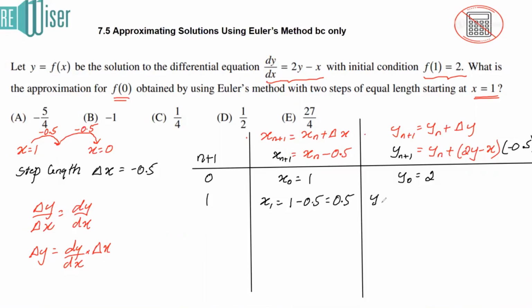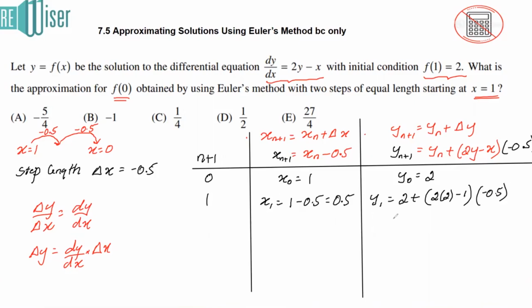And y1 has to be equal to y0, which is 2, plus, and for these x and y values we need to use the previous value, so that's going to be 2 times 2 minus 1, multiplied by minus 0.5.